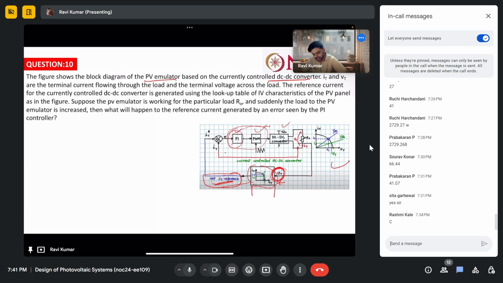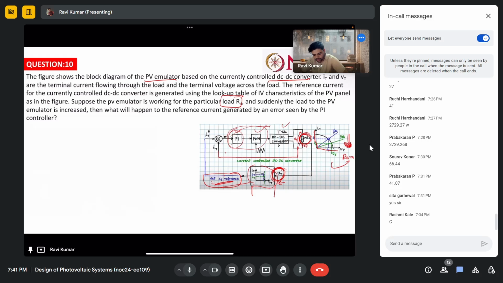So here it is asking, suppose the PV emulator is working for a particular R node. Let's say this is the output of this circuit, and this is the load connected, that is R node, and it suddenly increases. So if R node increases like this, R node is infinite here, so it will go down.